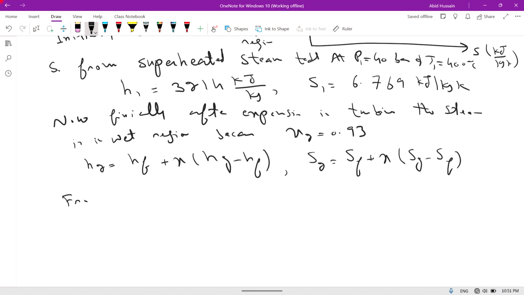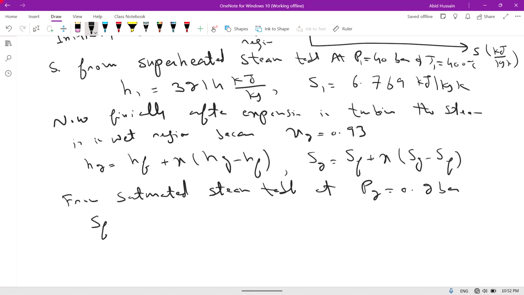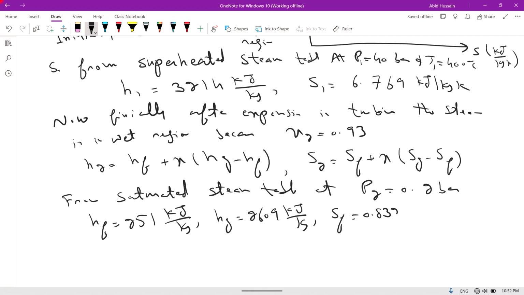From the saturated steam table, at pressure 0.2 bar, Hf is 251 kilojoule per kilogram, Hg is 2609 kilojoule per kg, Sf is 0.832 kilojoule per kilogram per Kelvin and Sg is 7.907 kilojoule per kilogram per Kelvin.